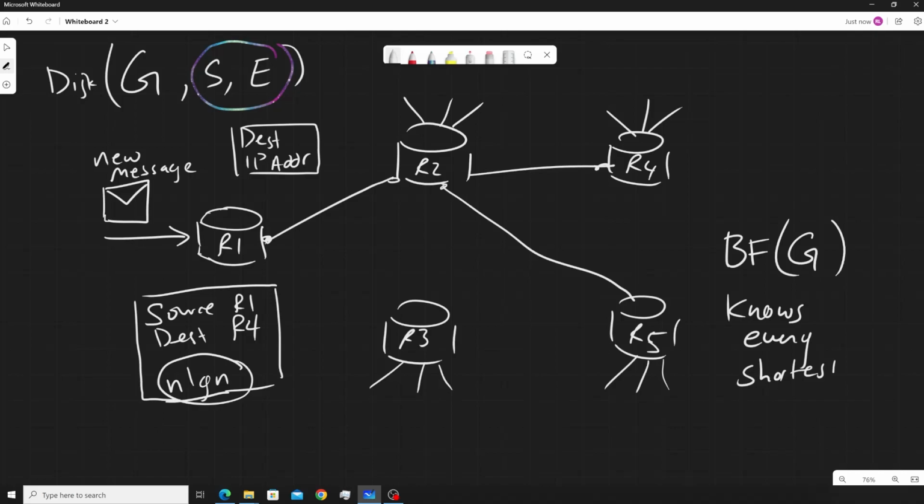And when we reach R4, again, it has to compute n log n. So we sort of have this number of routers times n log n. Unless you have some mechanism to embed the entire path that R1 discovered into the frame, then R2 is going to have to recalculate everything.